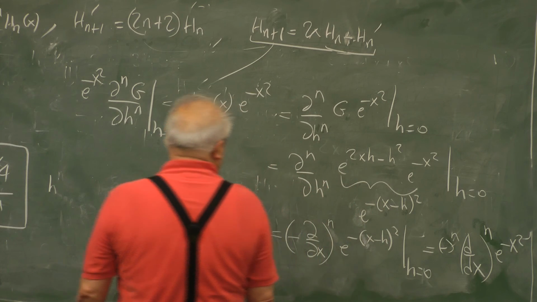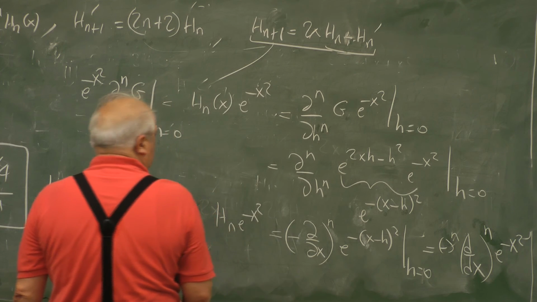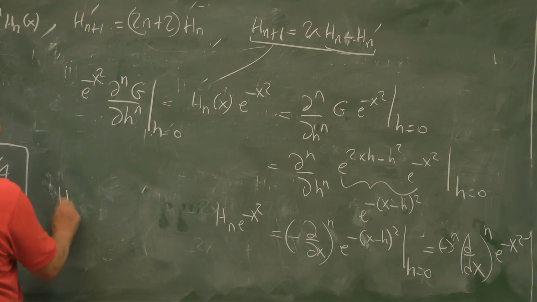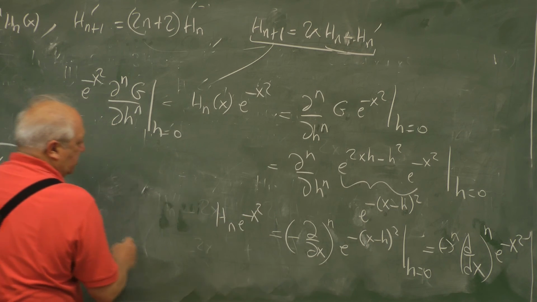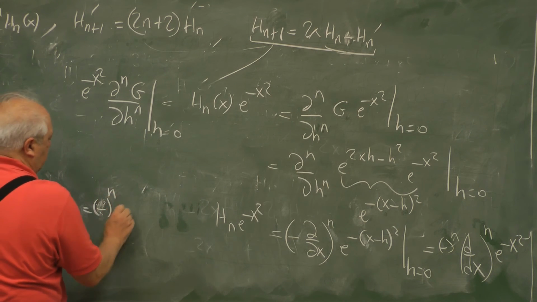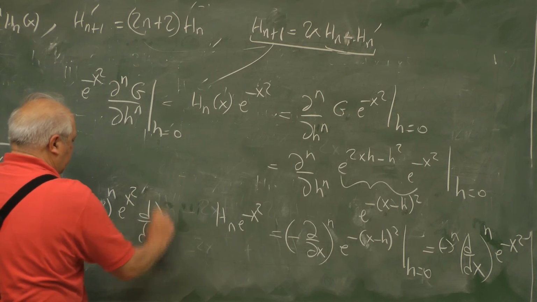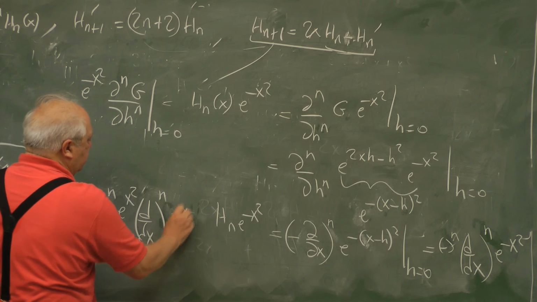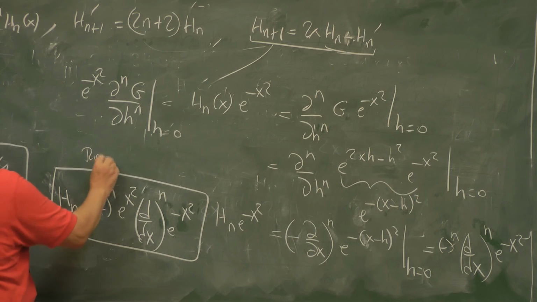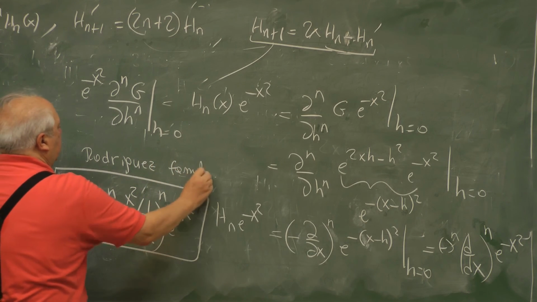And what is this equal to? This is equal to h_n e to the minus x squared. Therefore, another expression for h_n is, just bring it to the right, minus one to the n, e to the x squared, d by dx to the n, e to the minus x squared. So this is called the Rodrigues formula.